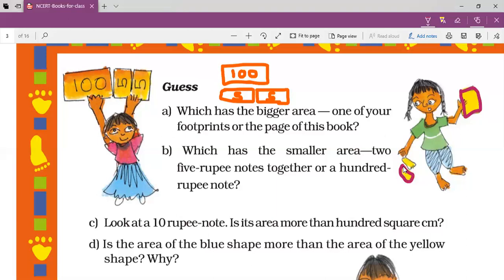Keep your 100 rupee note on the upper side and put the two 5 rupee notes together under the 100 rupee note, and see which one covers the smaller area. I have drawn a 100 rupee note and two 5 rupee notes here. By watching this, you can easily understand that yes, the 100 rupee note has the smaller area. But do this activity by yourself and then write the answer.